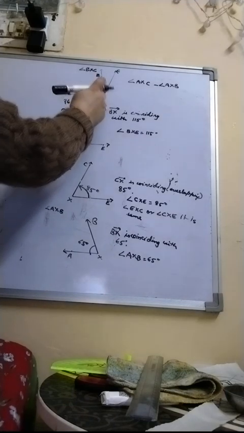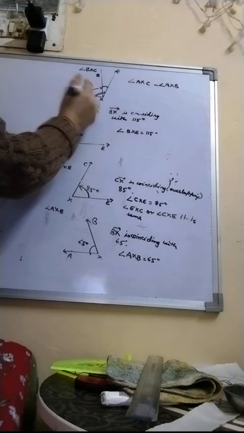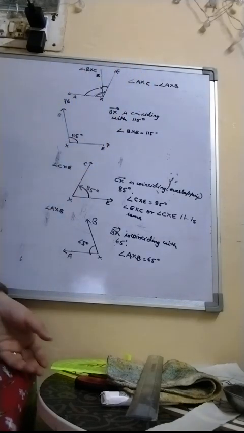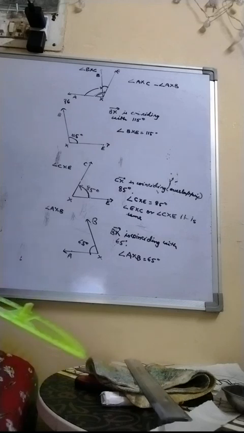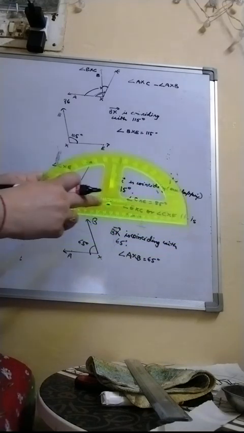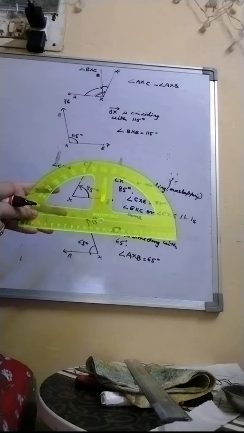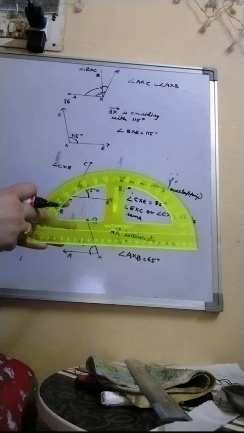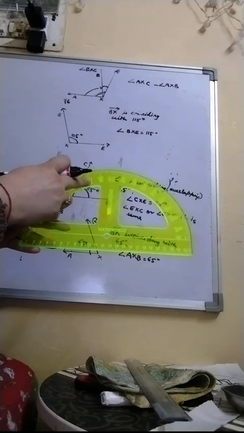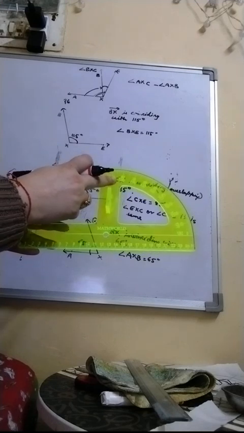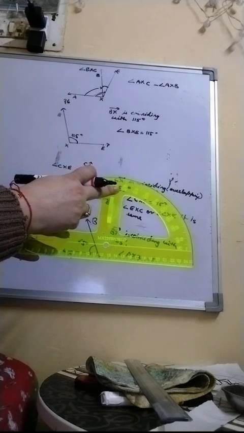What is the total angle of AXC? We would find, AXC is starting from AX on the left hand side coinciding with the zero line. So you will start reading from 0, 10, 20, 30, 40, 50, 60, 70, 80, 90 and 95.